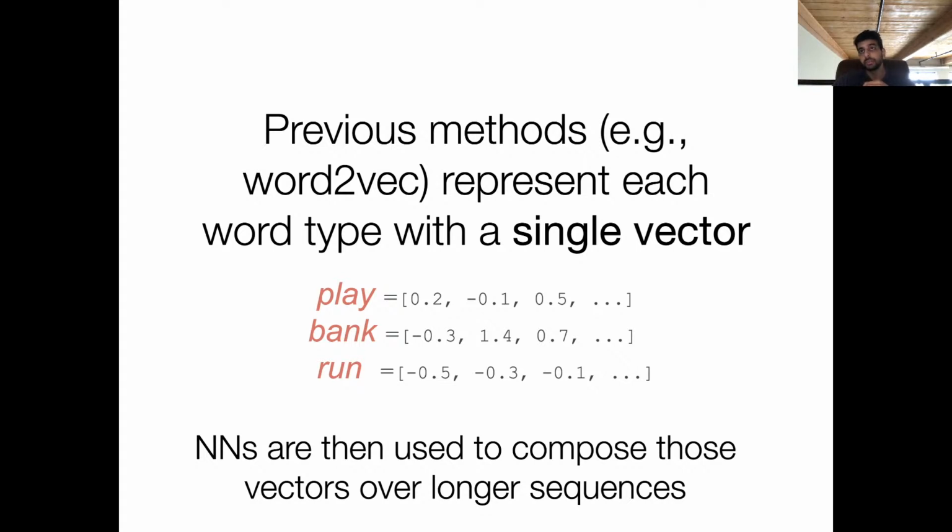So this means that we represent words like play, bank, run, each of these with a single vector, right? And then we've looked at the role of neural networks, recurrent networks, fixed window language models, transformers, as a way to compose these vectors, these word embeddings over longer sequences. So I can take 4 embeddings as input and get a single vector as output that represents that composed sequence of words.